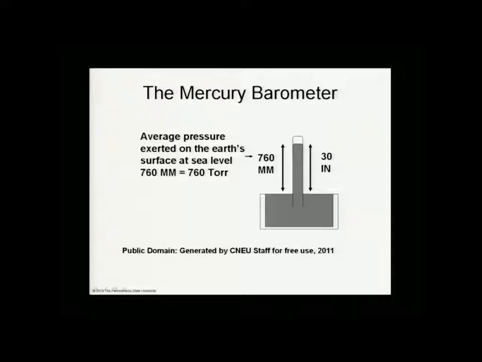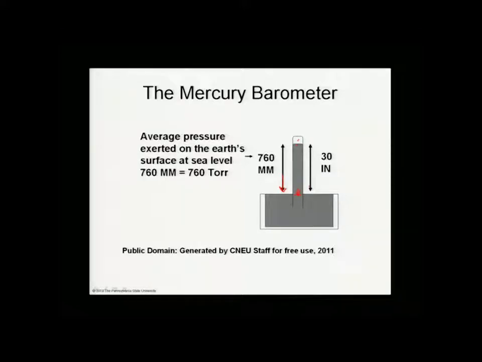Here's a better drawing, and so you see there's a vacuum up here, so there's no force up here at all. So the only force you have is the weight of the mercury, and the only force countering it from flowing all the way out is the atmospheric pressure here. So with this height, we can measure the pressure being exerted by the atmosphere above the Earth.